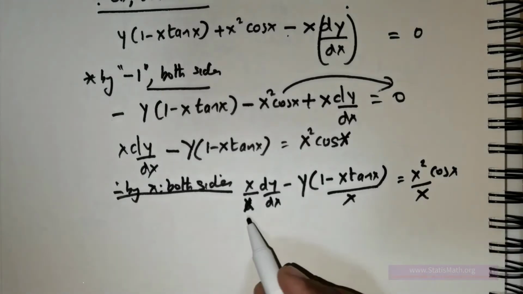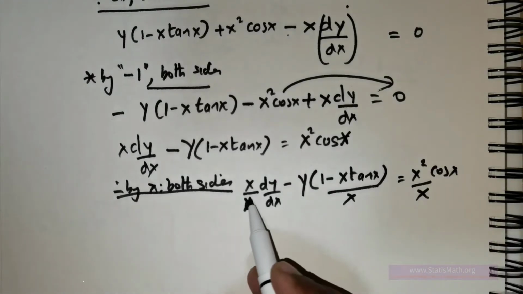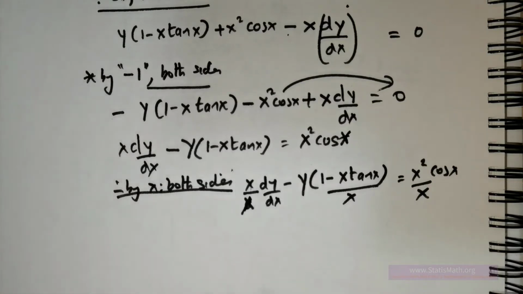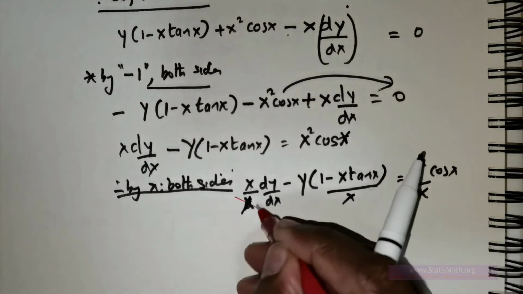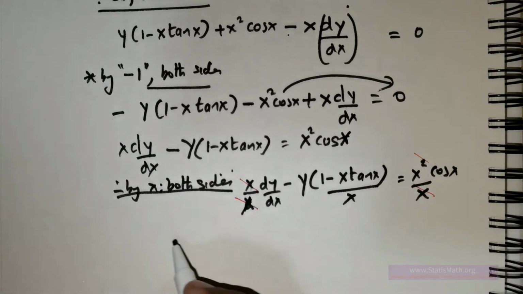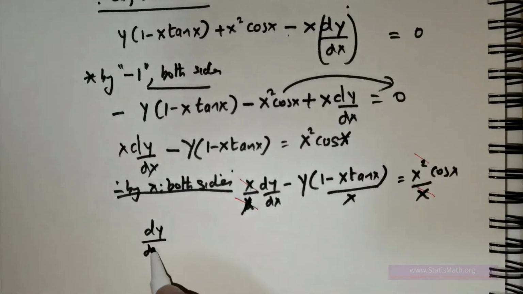So this is what I've got. Clearly the x that you see here will be cancelled. So you can just cancel it out. That would give you dy over dx negative.